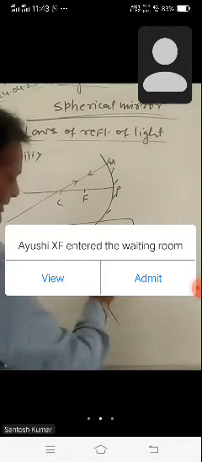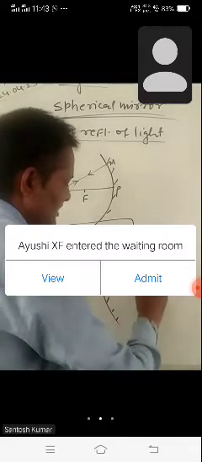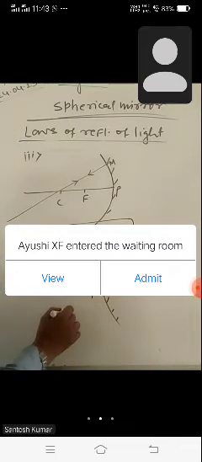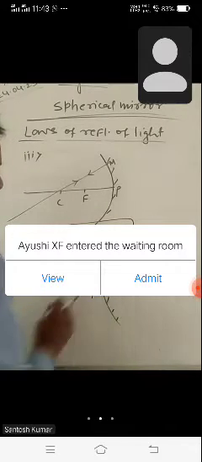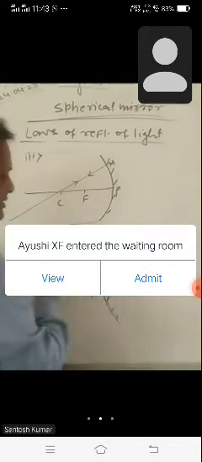Now for the convex mirror, just see, this is the focus, this is the center of curvature, this is P. Now I am removing this.